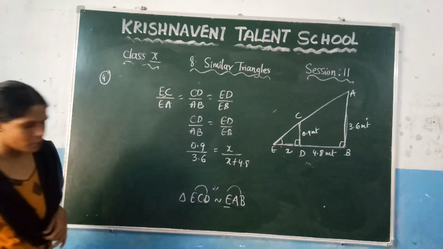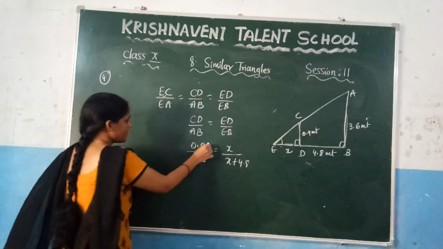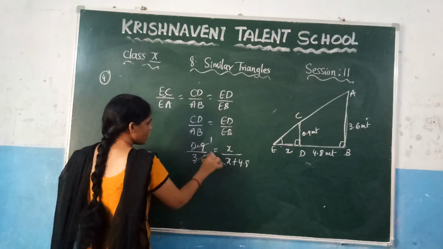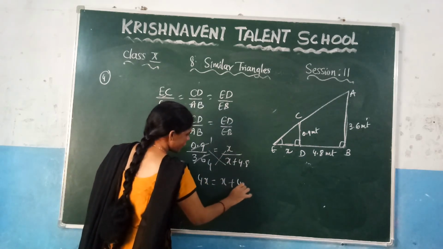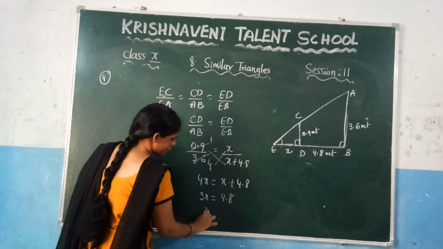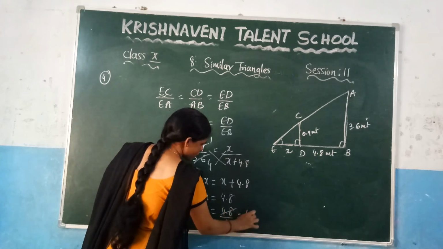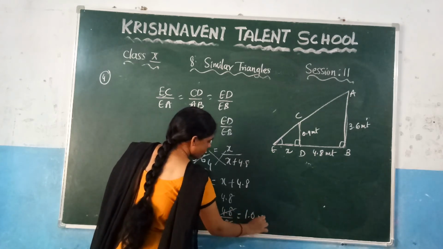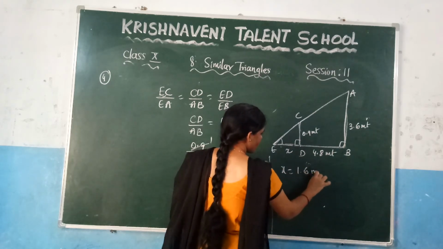Now just cross multiply. So you will get here 1, you will get here 4. Cross multiply here, what you will get? 4x is equal to x plus 4.8. So that you will get here 3x is equal to 4.8. X is equal to 4.8 by 3. Which gives you here 1.6 meters. So we got it here, x is equal to 1.6 meters.